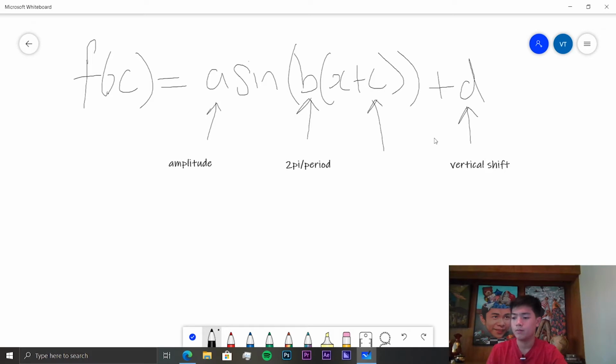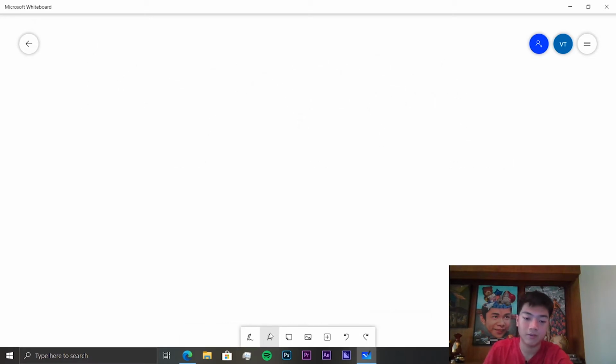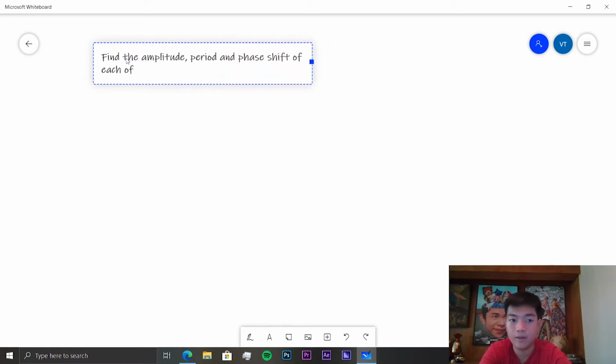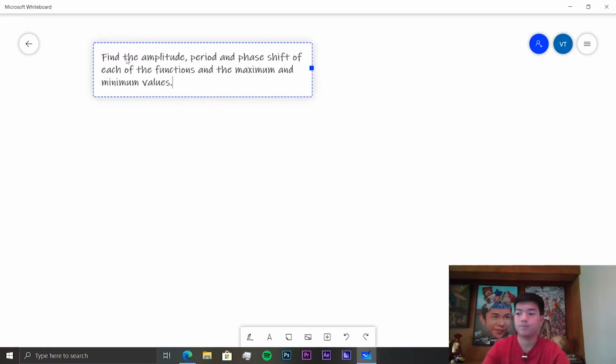So let's jump into some questions. That's pretty much it. So I'll be doing the one starting from number 1. So we have: find the amplitude, period, and phase shift of each of the functions and the maximum and minimum values.